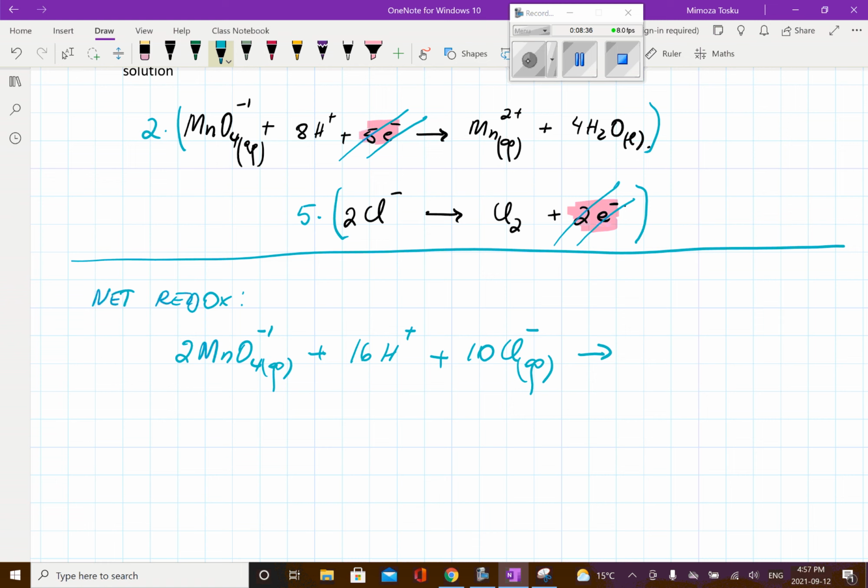Then on the product side, we will have 2 manganese 2+, 5 chlorine and 4 times 2, 8 water.